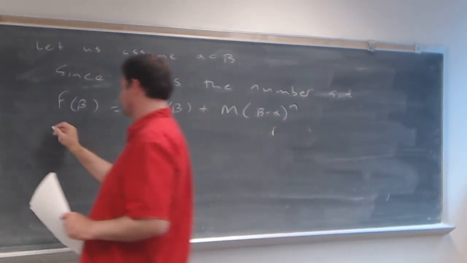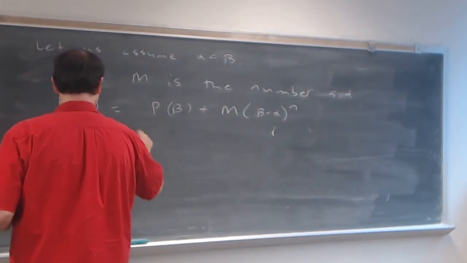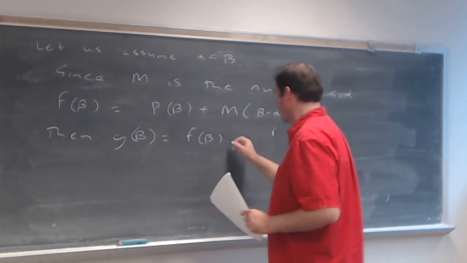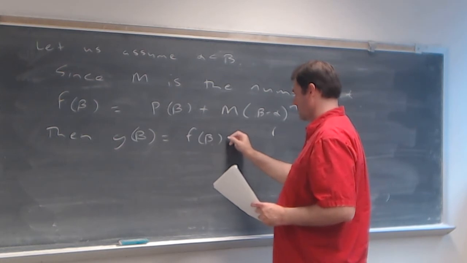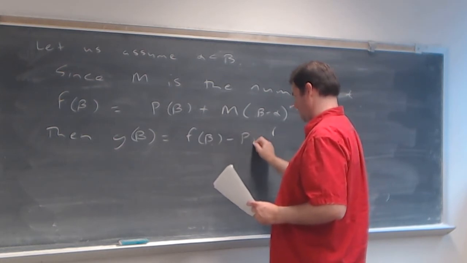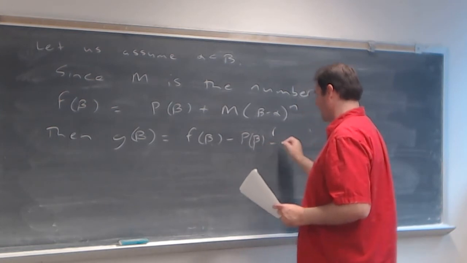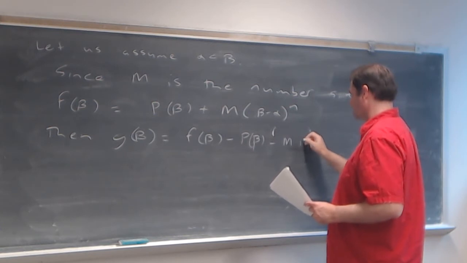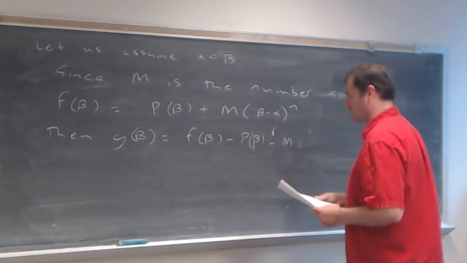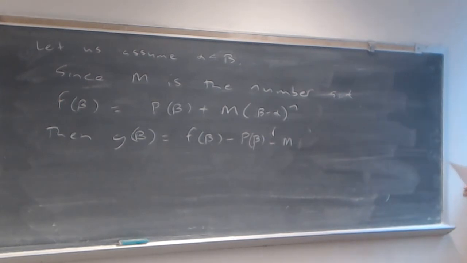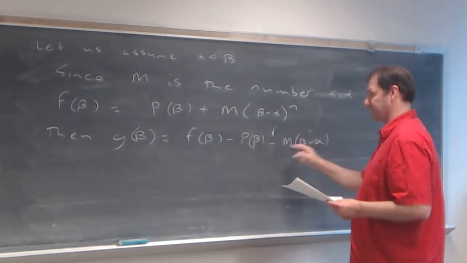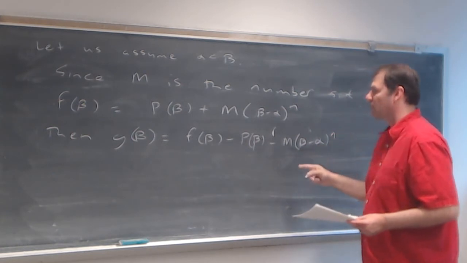Then g of beta is going to be equal to f of beta minus p of beta minus m times, because of the way that g was defined, t minus alpha, so we're sticking in beta for t, beta minus alpha raised to the n.